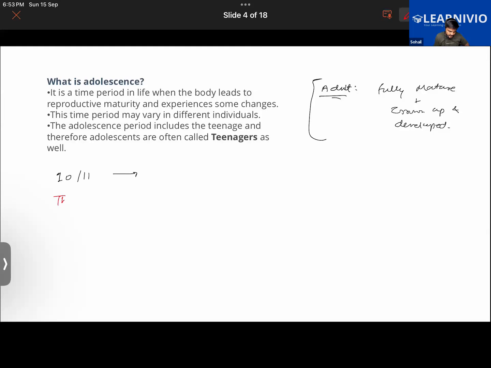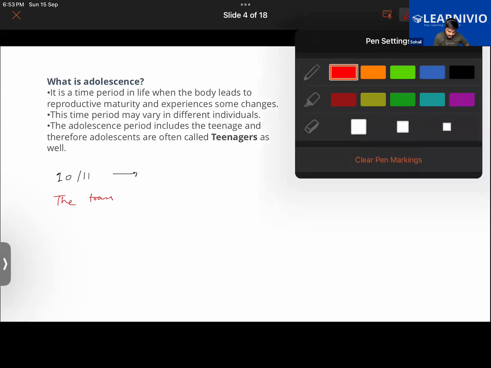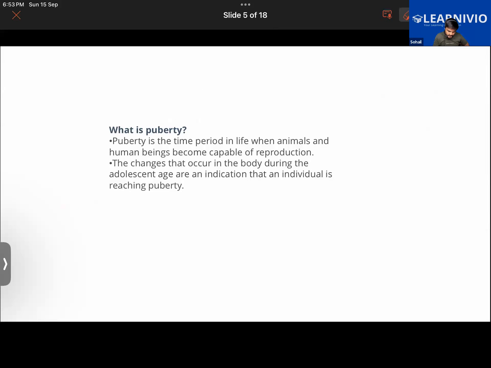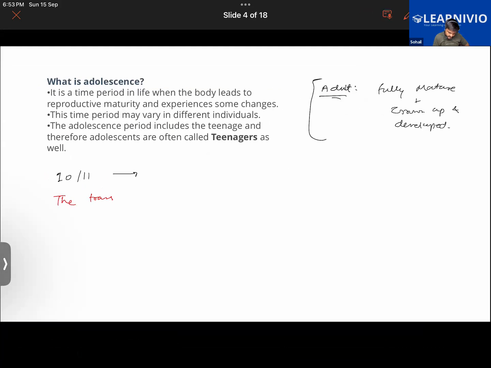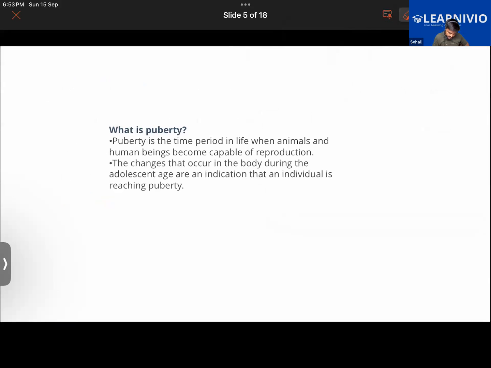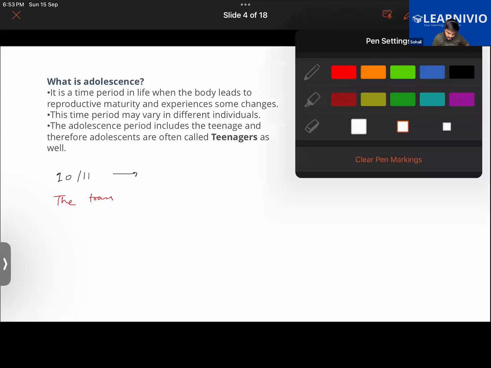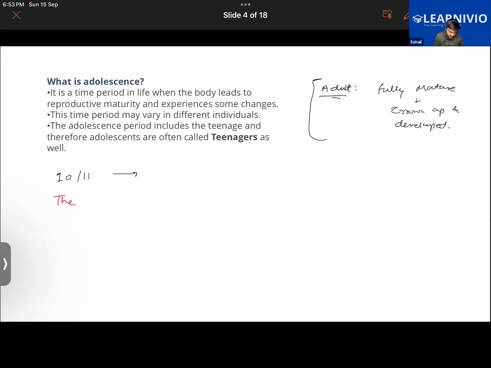So what I'm saying is that this is a transitional phase where a human is neither a child nor an adult.